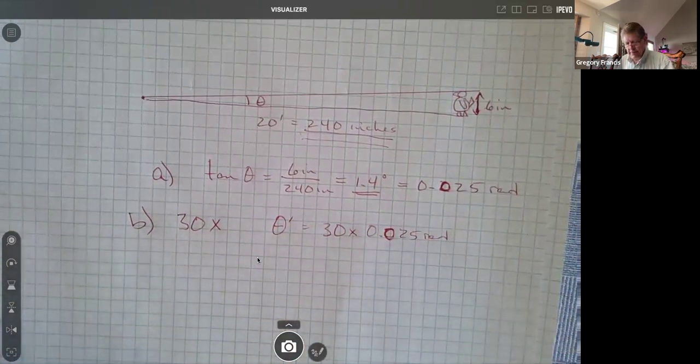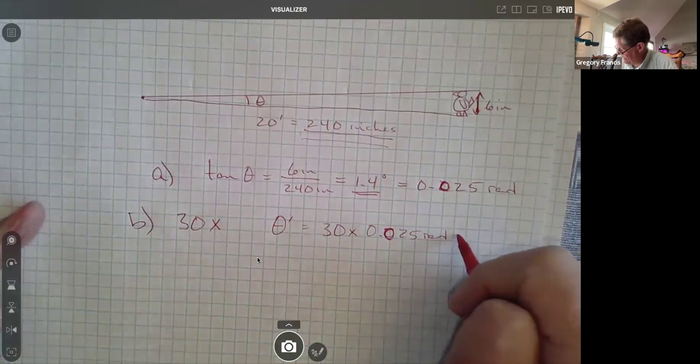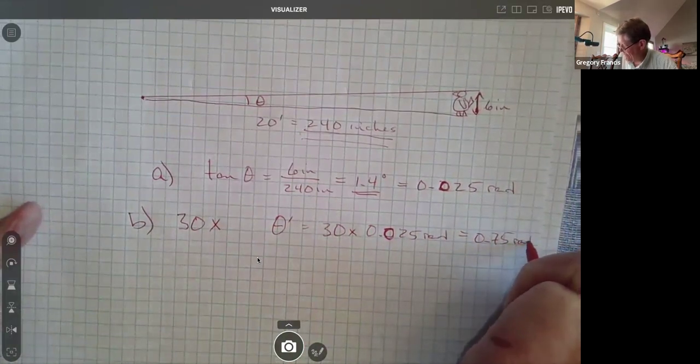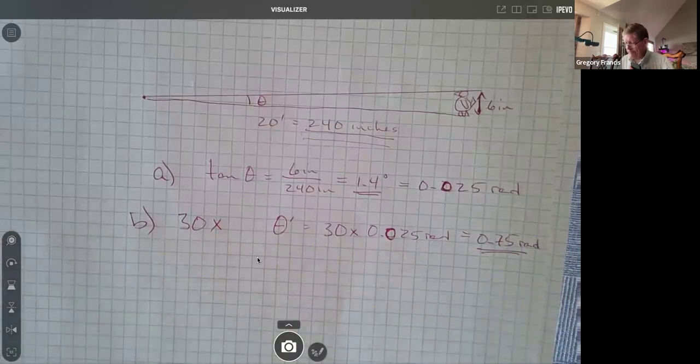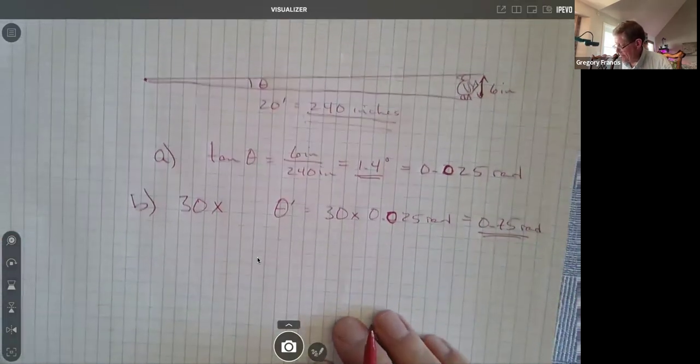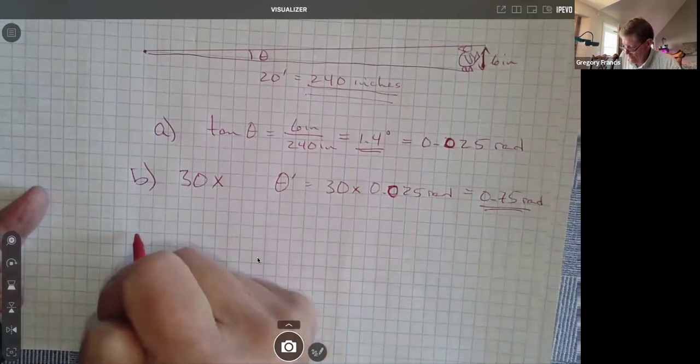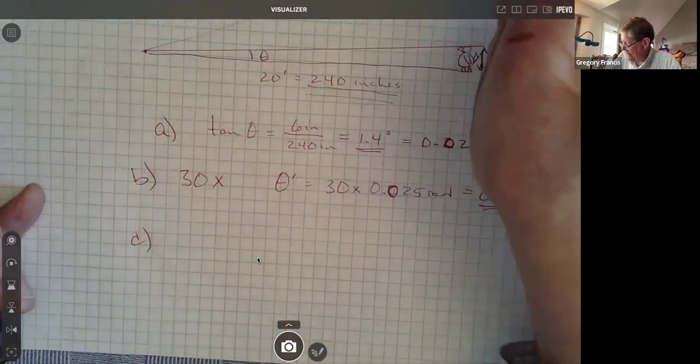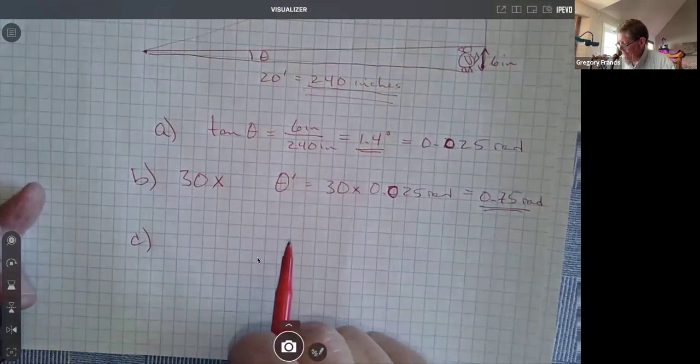Okay. And so if I take that and multiply it by 30, I would get 0.75 radians. Now, for part C, I know that what that is going to look like is very different.